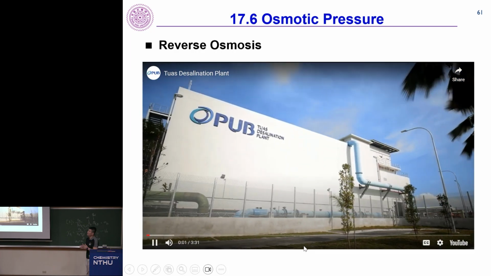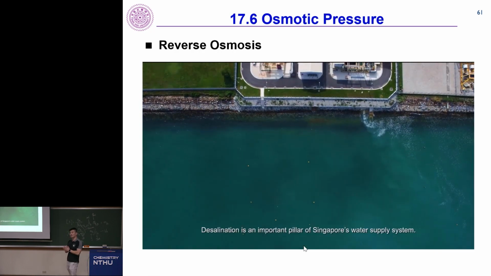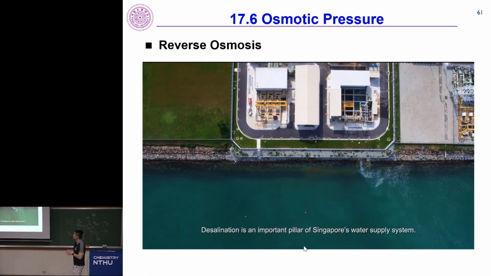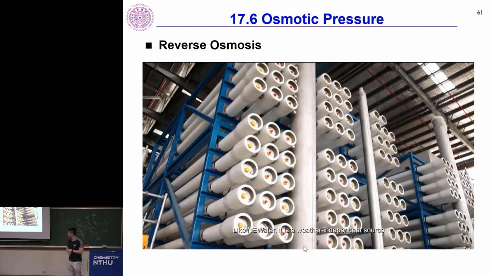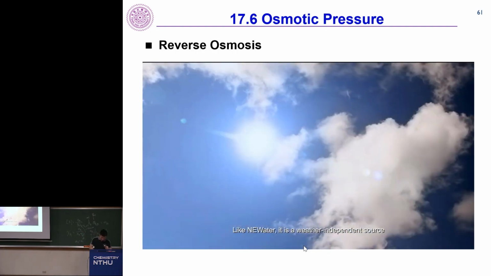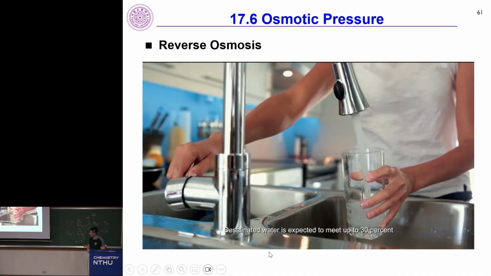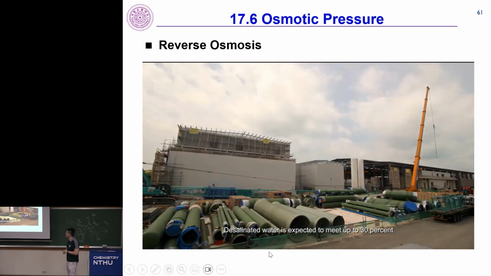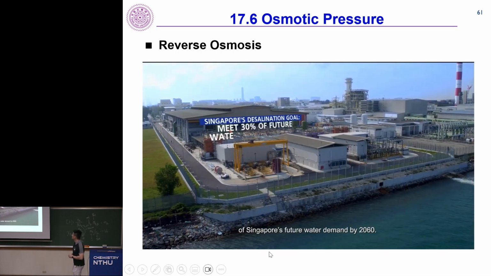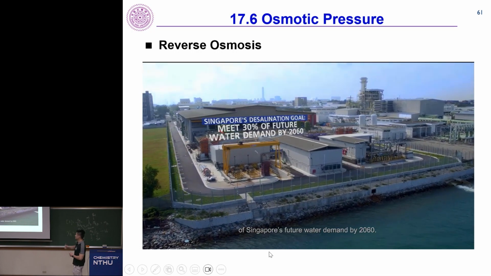And this is one of the desalination plants. Desalination is an important pillar of Singapore's water supply system. Like NEWater, it is a weather-independent source and strengthens the drought resilience of our water system. Desalinated water is expected to meet up to 30% of Singapore's future water demand by 2060.